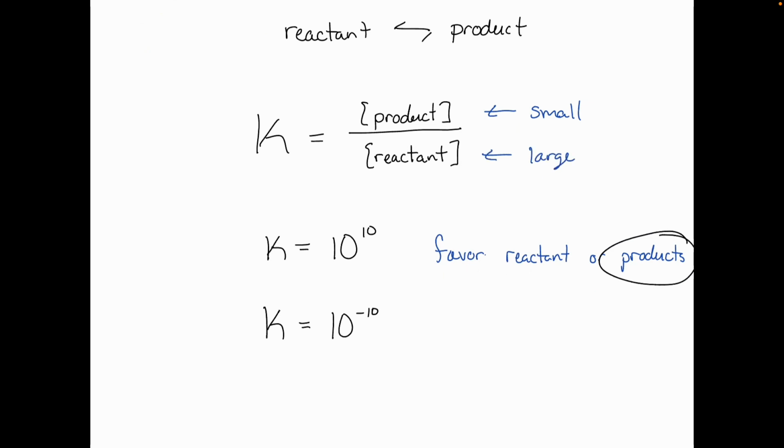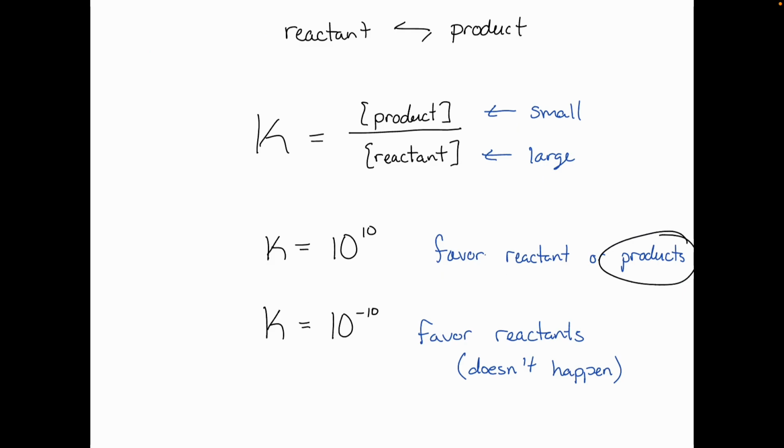That's the only way I'm going to get a value of K that's a teeny tiny number like 10 to the negative 10. So this would favor the reactants, which is just a fancy way of saying it doesn't really happen. Right? A reaction that favors the reactants means you're going to mix these two things together and absolutely nothing's going to happen. It's not going to form any product.